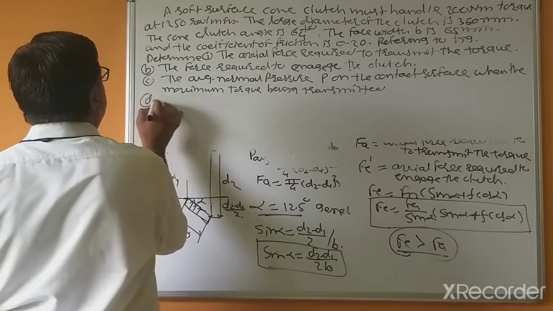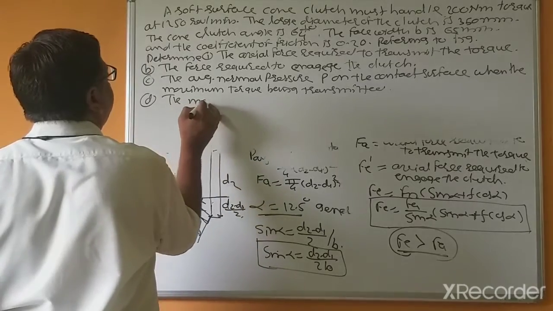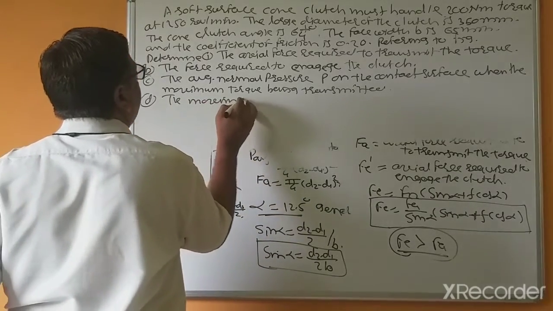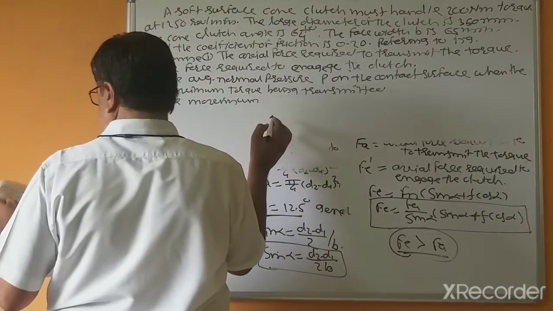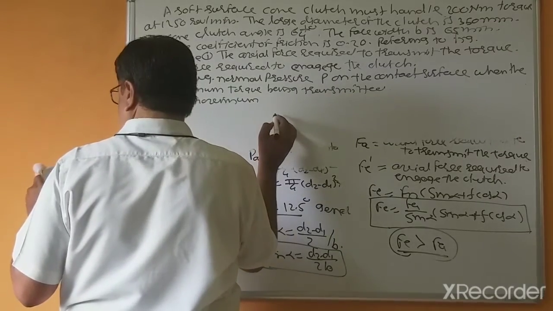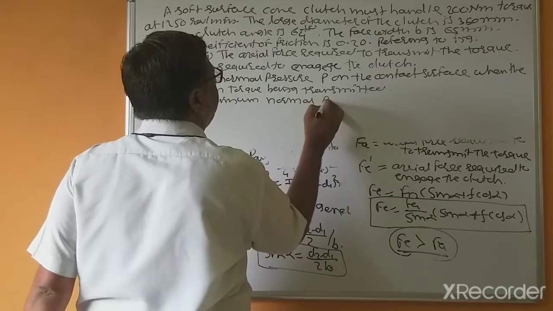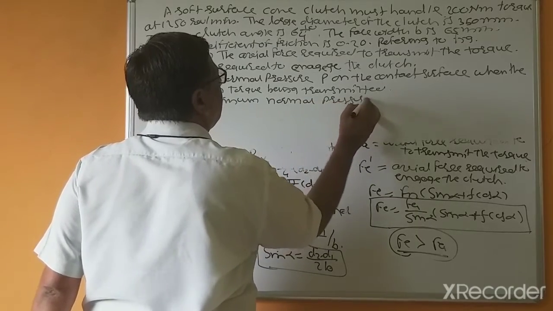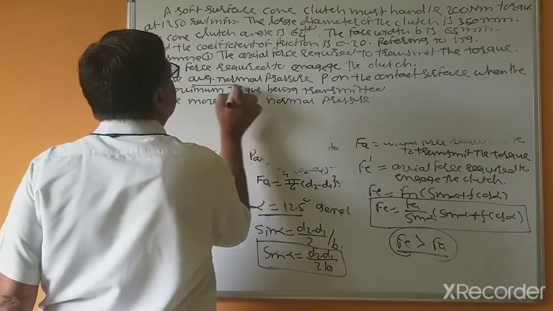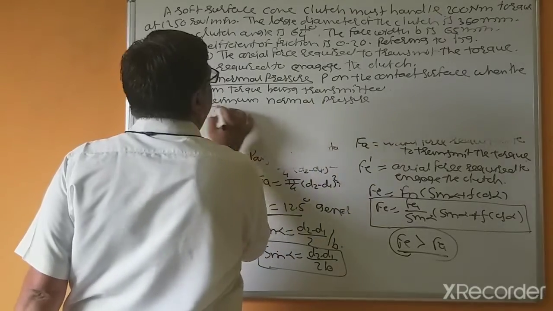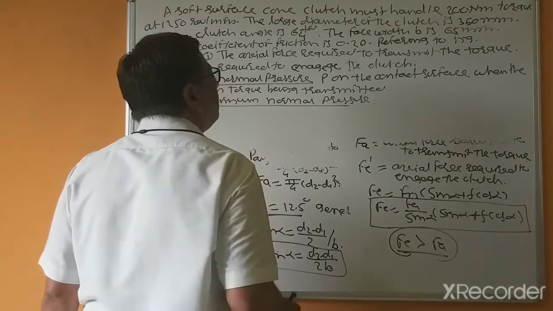And D, the maximum normal pressure. So this is average normal pressure and this is maximum normal pressure.